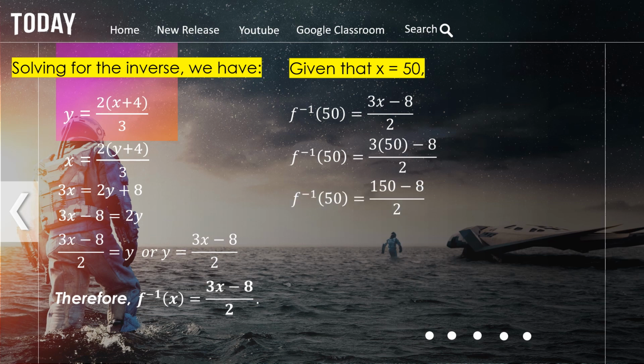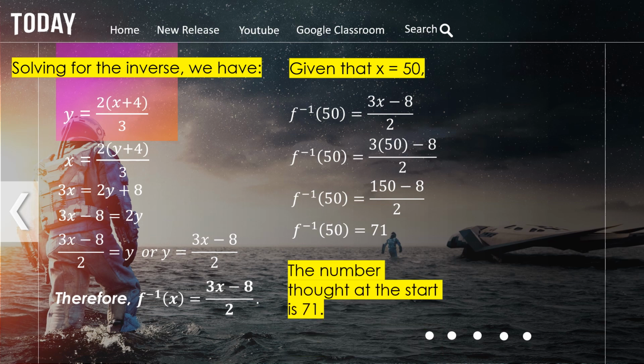Simplify. So we have (150 minus 8) over 2. Therefore, f to the power of negative 1 of 50 is equal to 71. So this is now the number thought of at the start, which is 71.